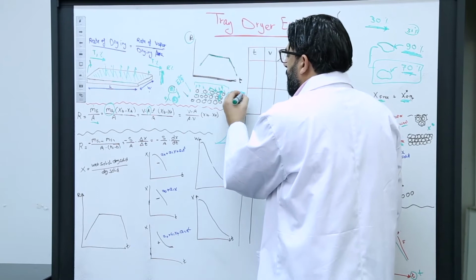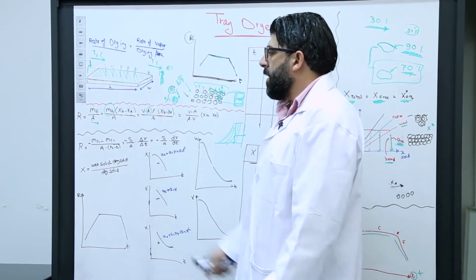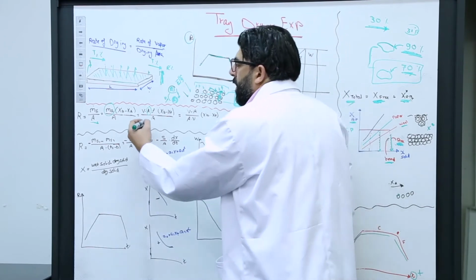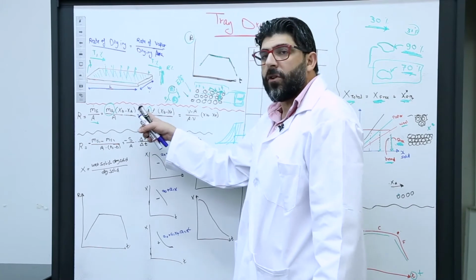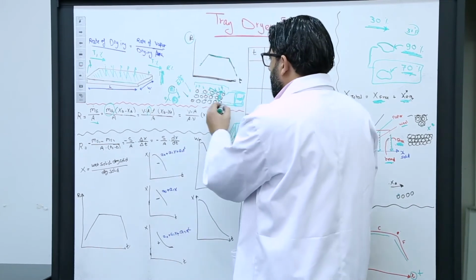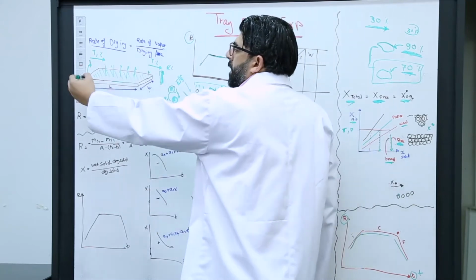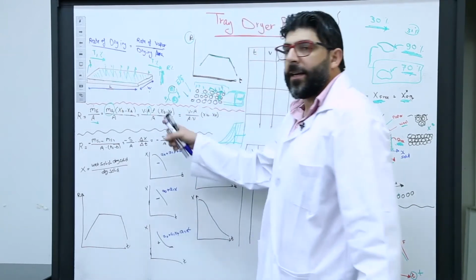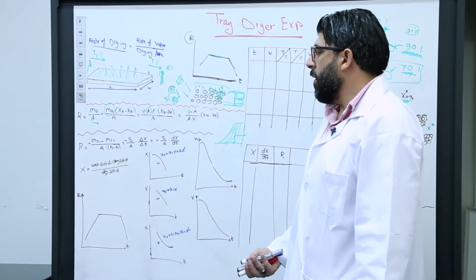All this, the cross-sectional area of the tray dryer, is here. You have to differentiate between A here and A here. Here is the cross-sectional area of the tunnel. Here is the area of the trays themselves, because it's the drying area, times rho. Rho is the density of air.